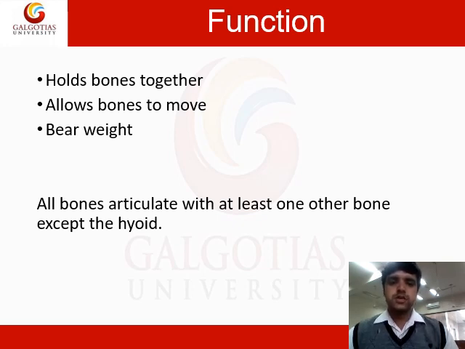The third function is that it allows the bearing of weight. If we lift any heavy material or try to hold some kind of weight, all the weight is borne by the joints.